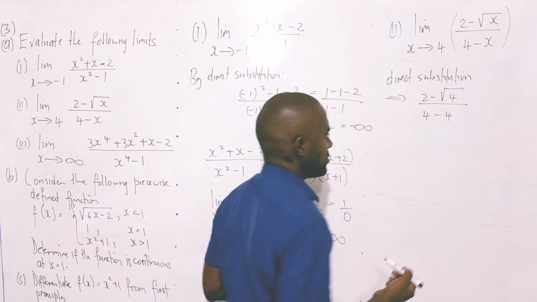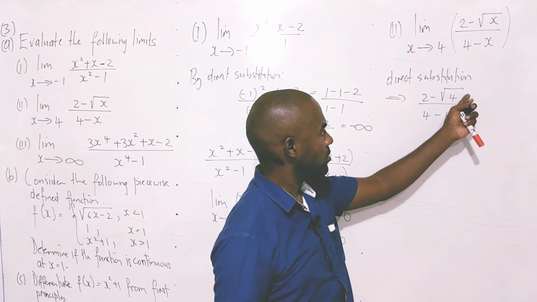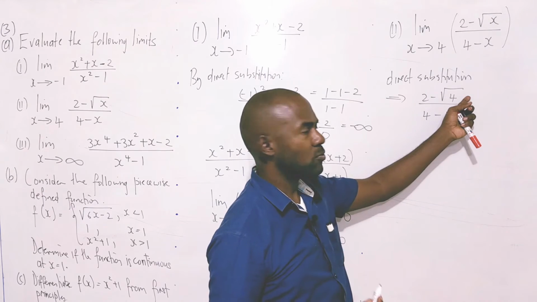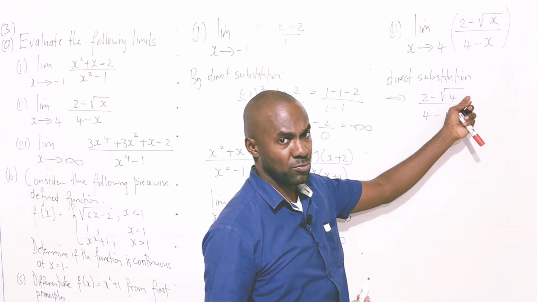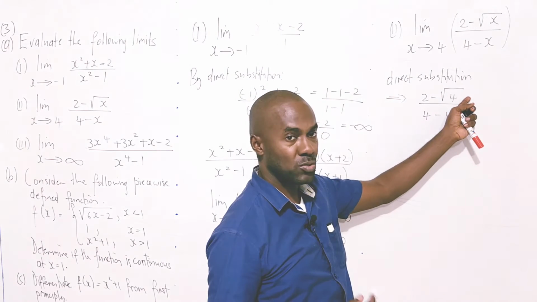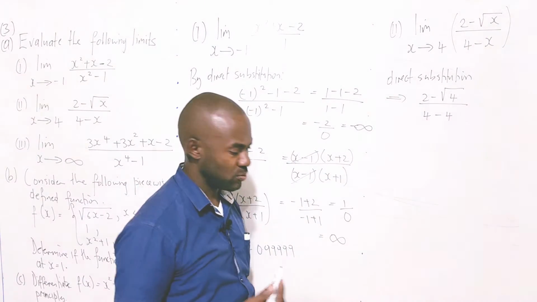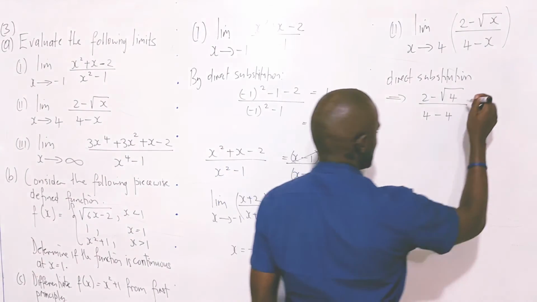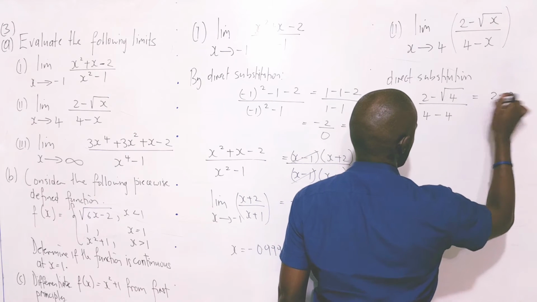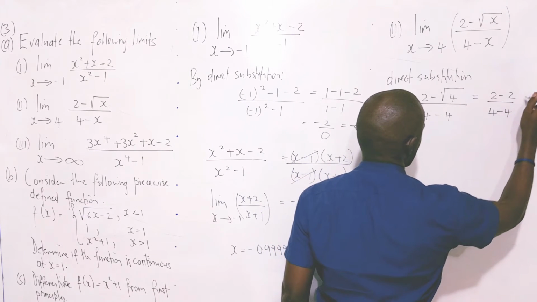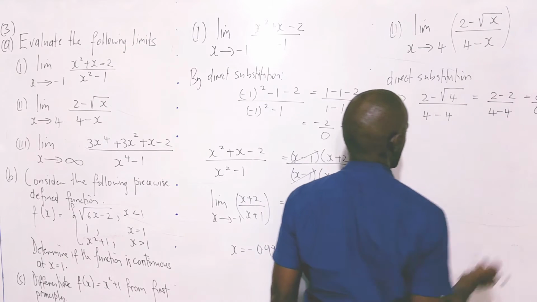Whenever we see the root of a number under these circumstances, we often are only interested in the positive square root. So root of 4 would be equal to 2 in this case, despite knowing that root of 4 could also be minus 2. But now we're only interested in the positive square root, so this becomes 2 minus 2 over 4 minus 4, which is equal to 0 over 0.